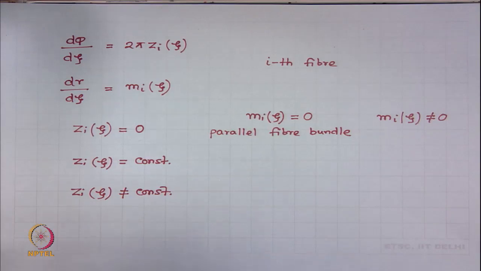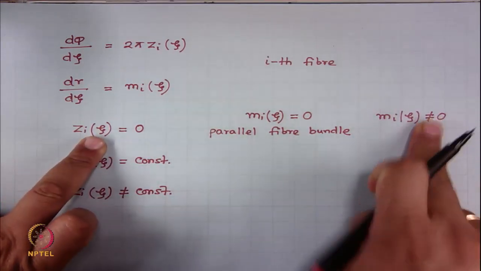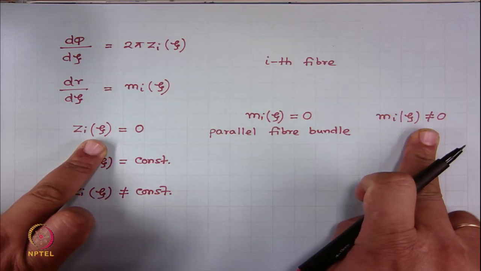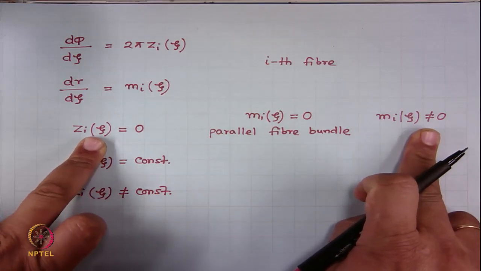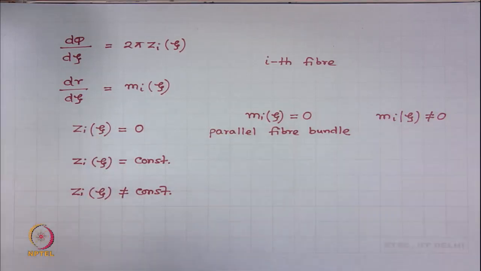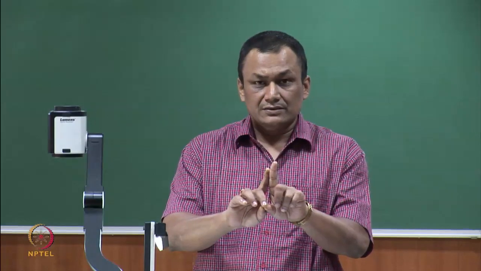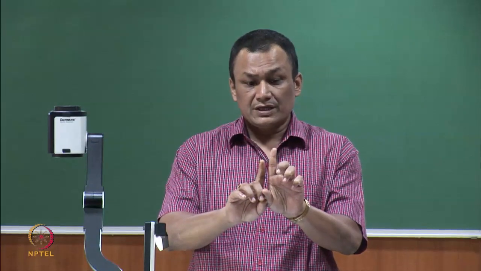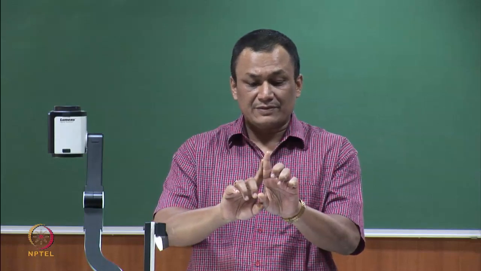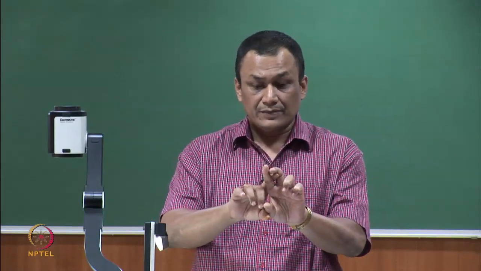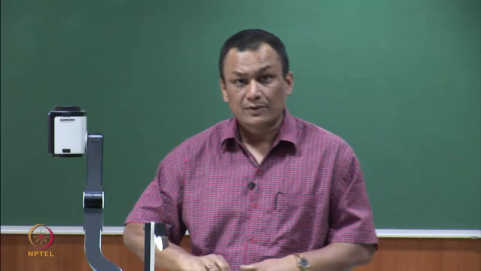Now, we talk about these two situations. There is no twist, however, there is a radial movement of fibers. That means there is no twist and there is radial movement of fibers, so fibers are probably entangled. In that case, we talk about an entangled fiber bundle.